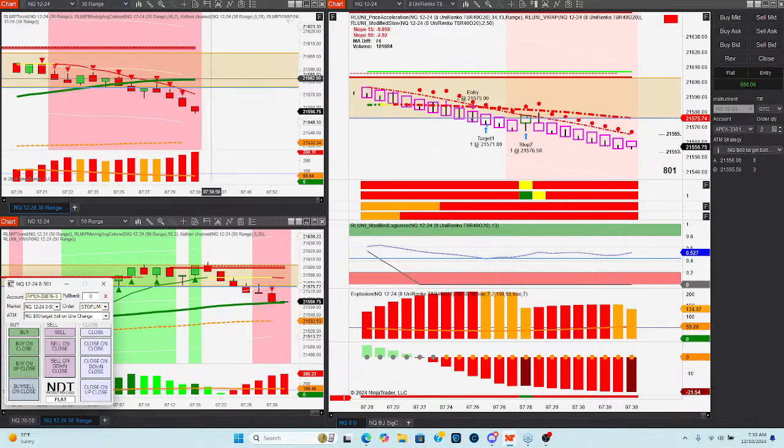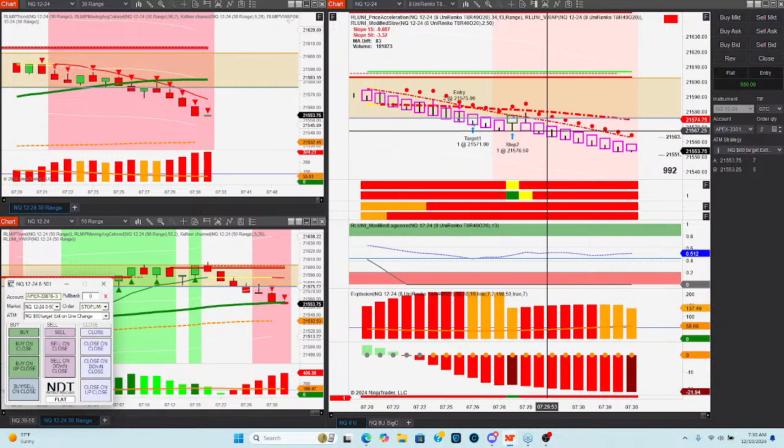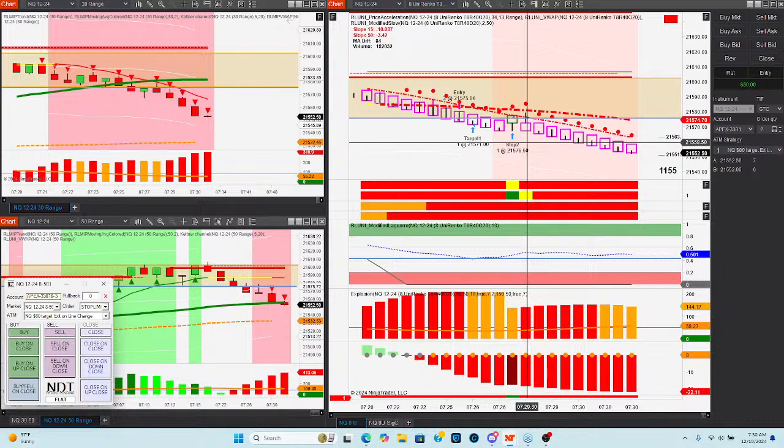This 50, as soon as it turns, I'm going to be in pink bias, and it might even repaint back some of this. So I'll be looking back at this, going, why didn't I get in right here on this trade?